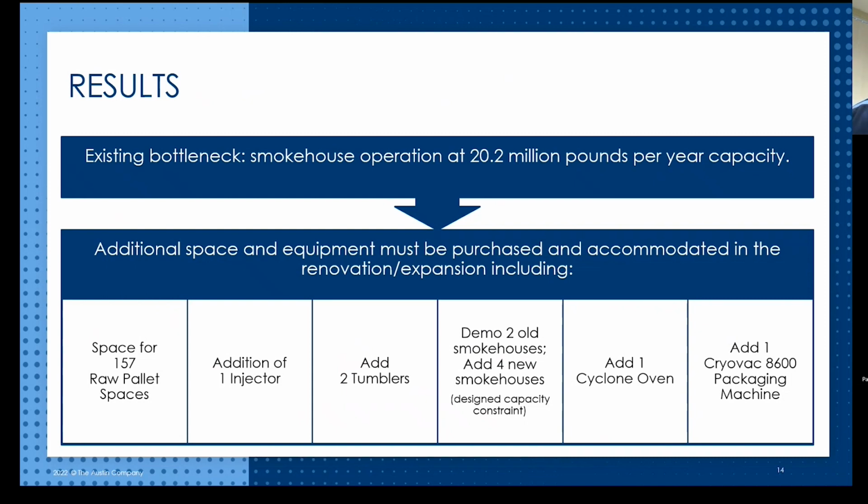We needed to add an injector. We had to add 2 tumblers. We demoed some smokehouses and added new ones, so that increased the capacity there. It was still the constraint, but that was okay. It met our objective. We added the oven, and then we added a packaging machine to get to the ultimate requirement of what the client was looking for.